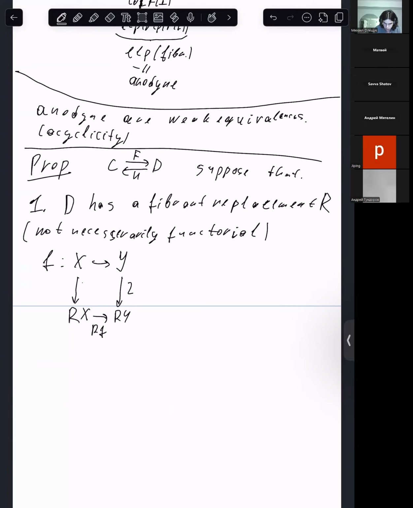These are weak equivalences, and Rx and Ry are fibrant objects, and RF is a fibration.